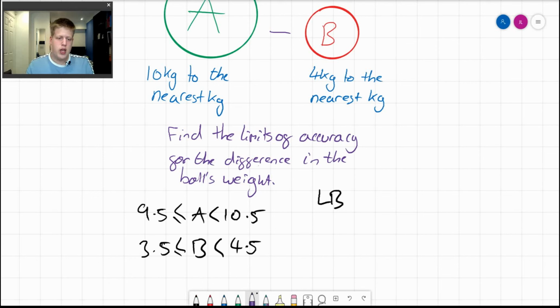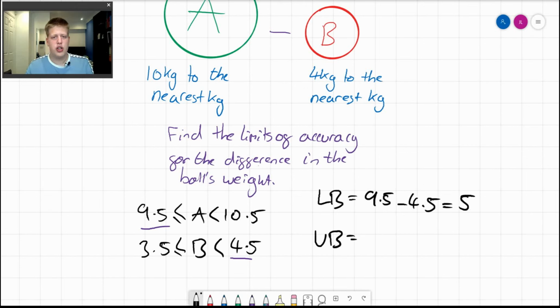Well, if we took the lower bound of A, the smallest number, and we took that away from the largest number of B, we would end up with the smallest number. Give that a think for a moment. So the lower bound will be 9.5 minus 4.5, which is just 5. How about the upper bound? What is the largest difference you can make?